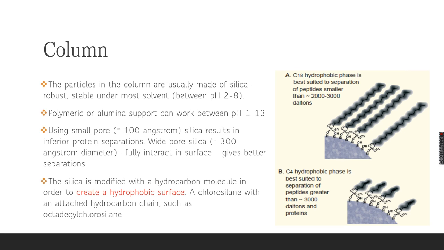That's why we discuss here that the silica is modified with a hydrocarbon molecule to create a hydrophobic surface. We can have chlorosilyl groups attached with a hydrocarbon chain, such as octadecyl chlorosilyl, where the octadecyl chain is going to bind. But if it is not completely done, some patches will still have hydrophilic groups, for example SiOH functionalities, which remain unreacted or could not be functionalized in this process.